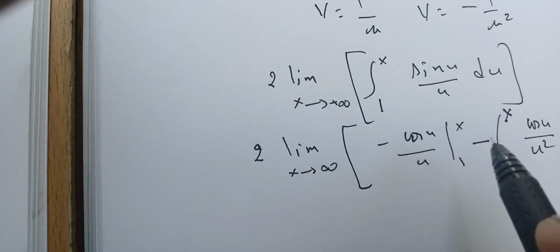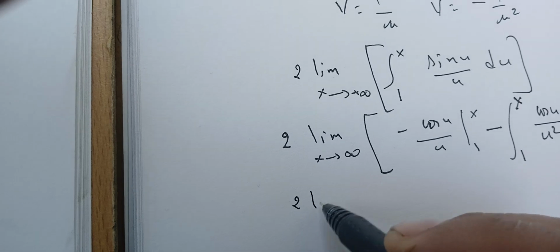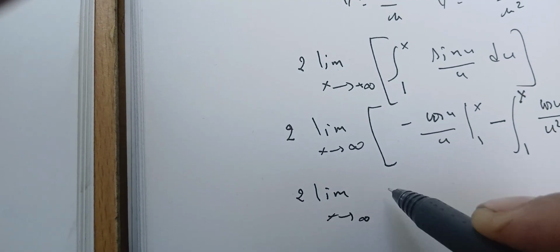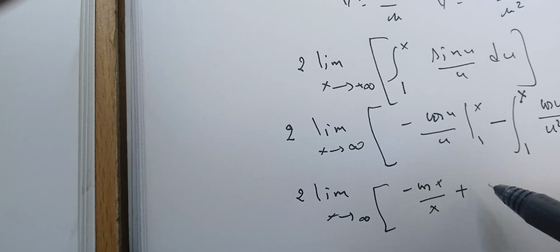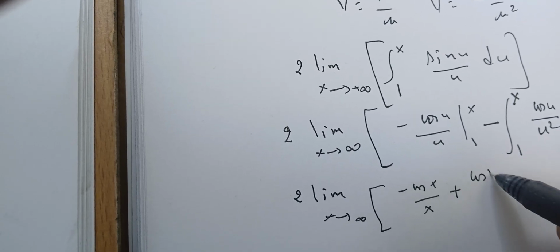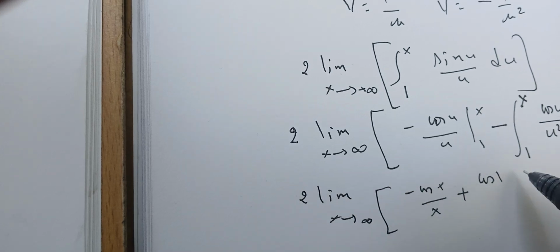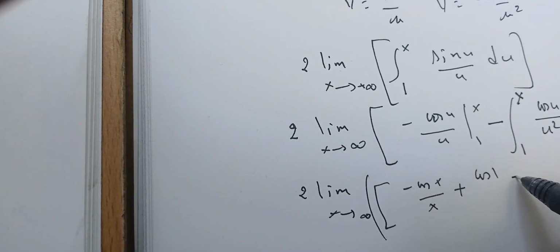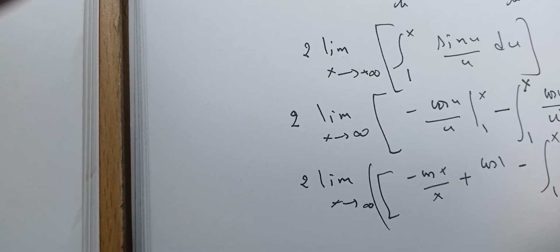Let me do one more step. Now I have minus cosine x over x plus cosine 1 over 1, which is cosine 1, and the next one is minus the integral from 1 to x of cosine of u over u squared du.